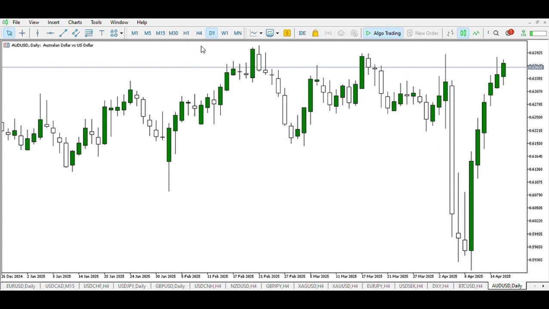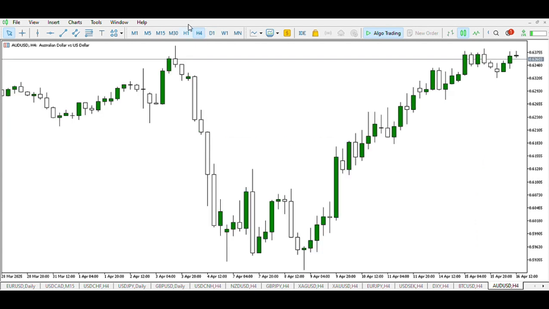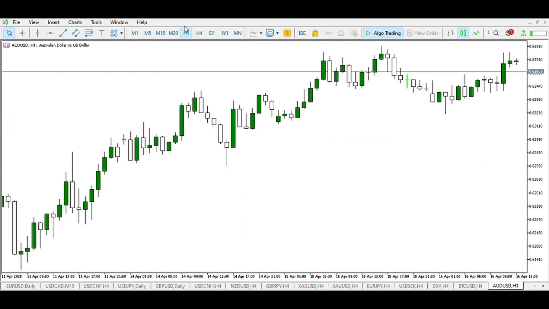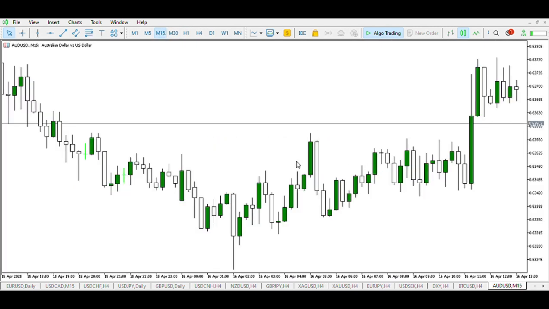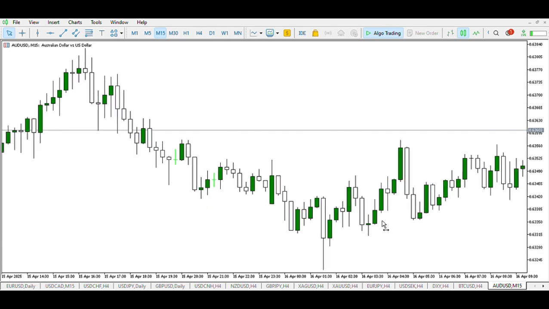So moving to the lower time frame, on the 4-hour, not much of a clear trend. On the 1-hour, not so much of a clear trend. Let's go to the 15 minutes. We don't have any clear pattern.